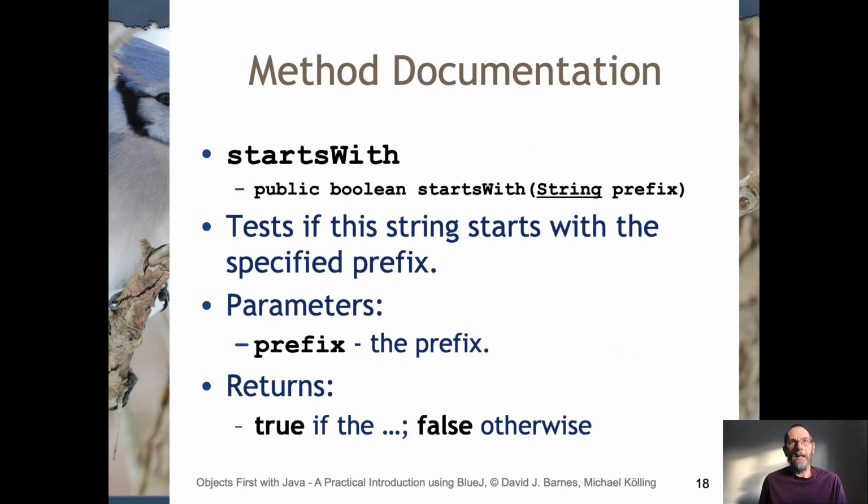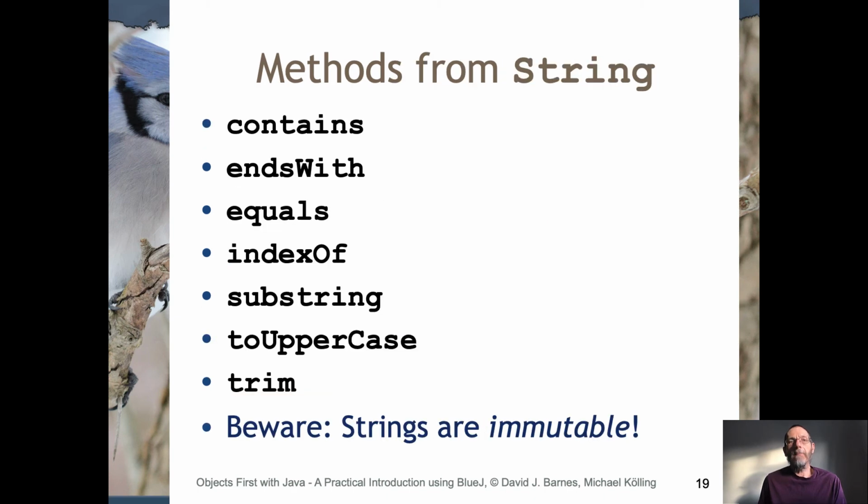We saw that the documentation for the startsWith method gives us the method header and a description of what the method basically does, any parameters it takes, and what it's likely to return. And there are a number of methods defined inside the String class that it will be important to become familiar with.